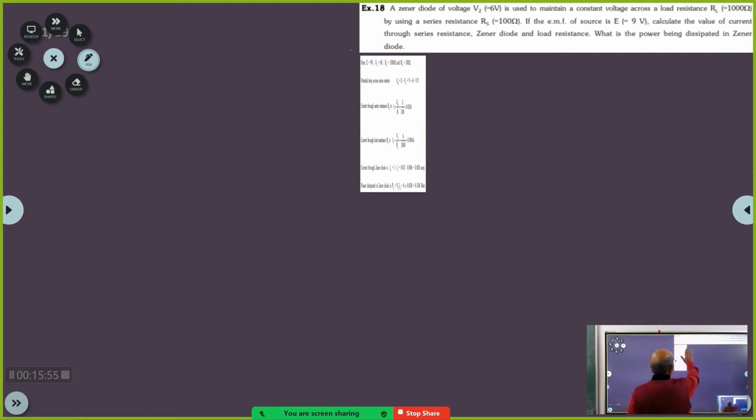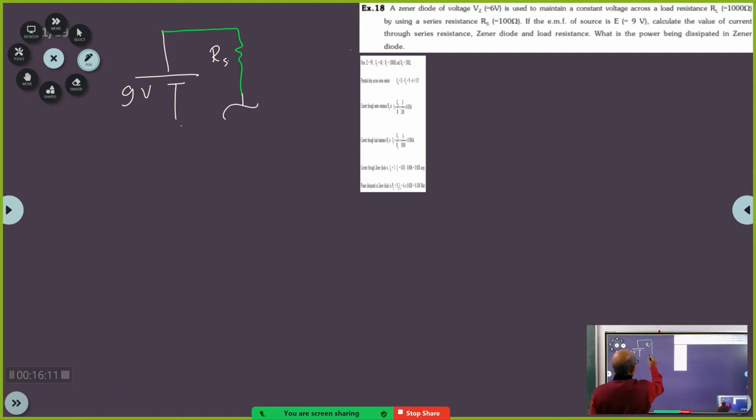So draw the circuit here. Simple. This is 9 volts, and then they have told the VZ in series. They have told here series resistance, then a Zener is connected here, and then a load RL.